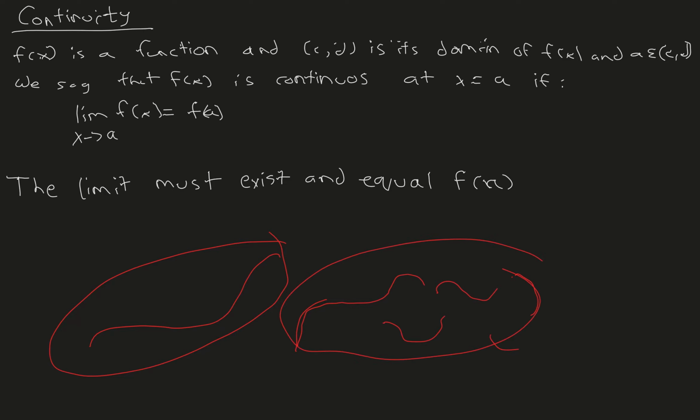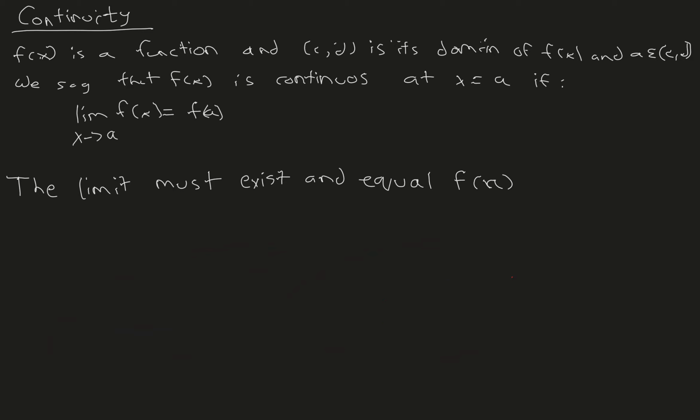Although this definition was okay when we were small, since we're doing real analysis and calculus, we need a more rigorous definition of what continuity really means. The more formal definition of a continuous function is the one I've written right here. Let f of x be a function, with c d being the domain of the function, and a being in the domain of the function.